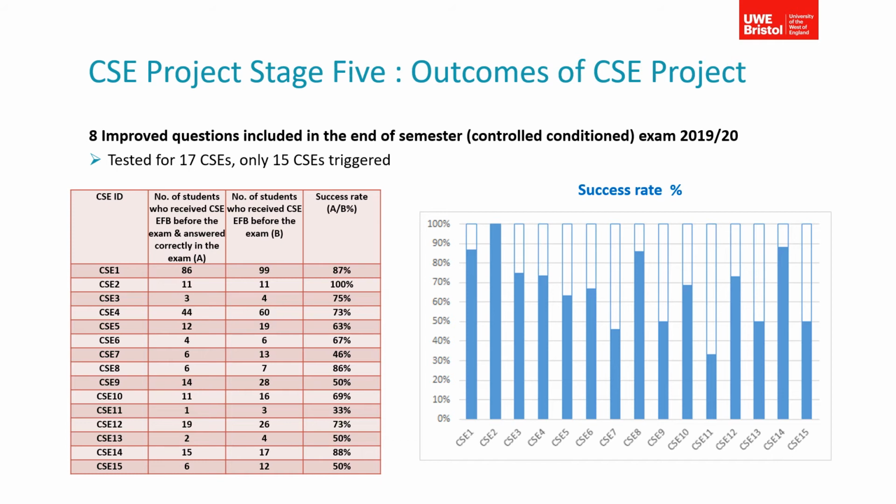If you refer to the bar charts on the right hand side, you can see that the CSEs we treated before the exam have a high success rate, the lowest being 46% and the highest being 100%.